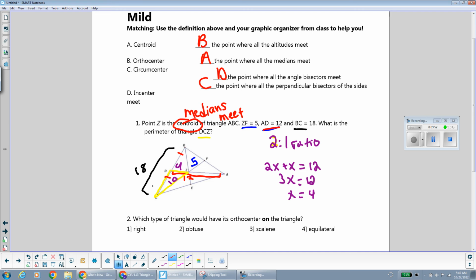So if the whole thing is 18, each half would be 9. So we have the 3 sides, 9 plus 10 plus 4, 23 is the perimeter of triangle DCZ.